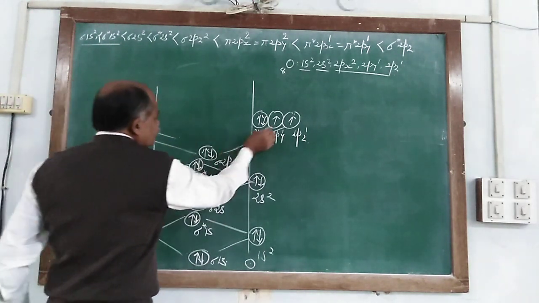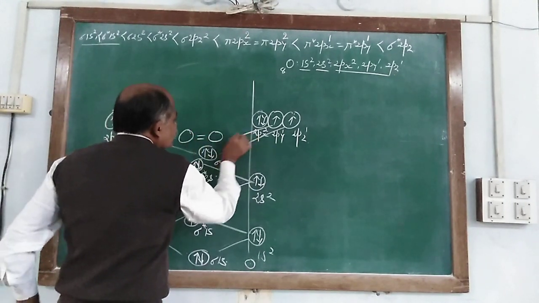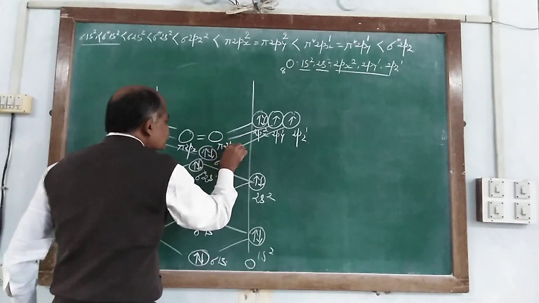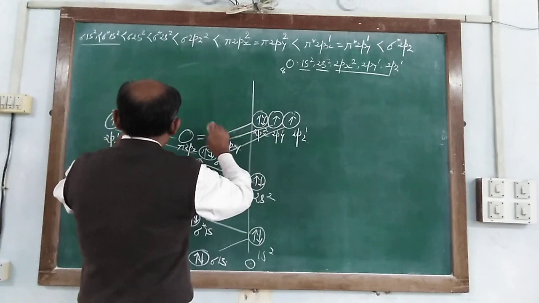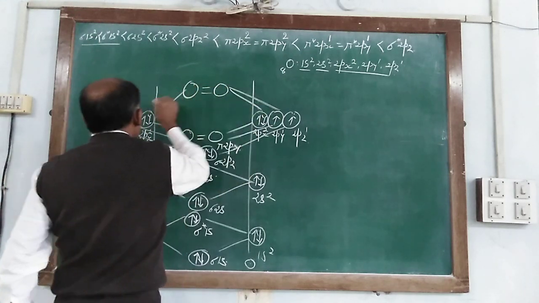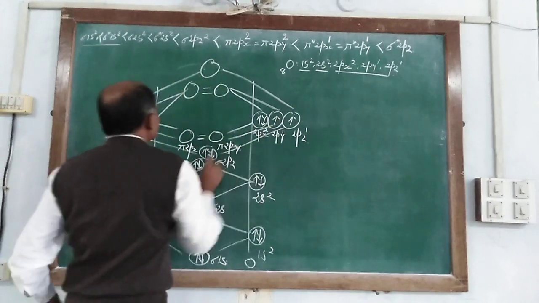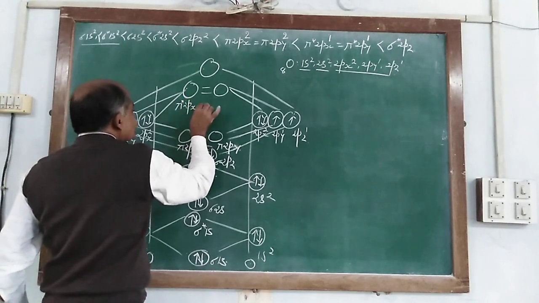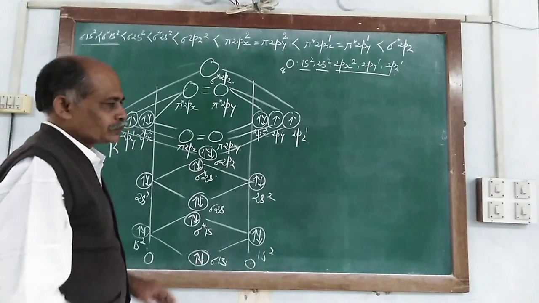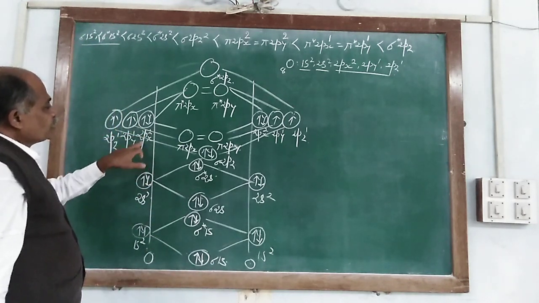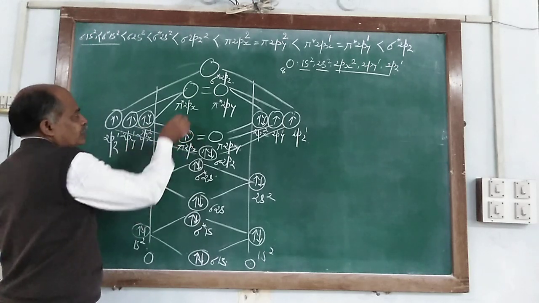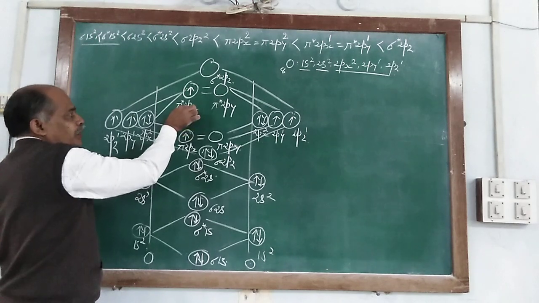Now we take the other orbitals, which form pi 2px and pi 2py. The 2px orbitals have 2 and 2 electrons, so similarly they form pi star 2px, pi star 2py and sigma star 2pz. One electron goes into the bonding orbital and another electron is accommodated in the anti-bonding molecular orbital.